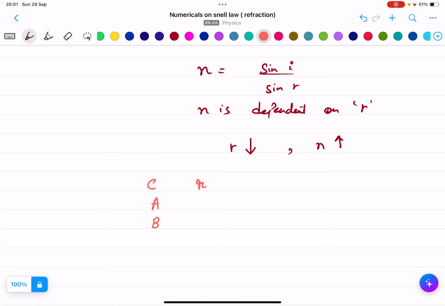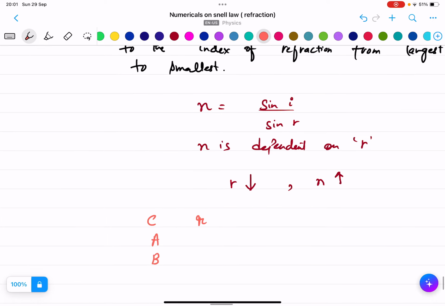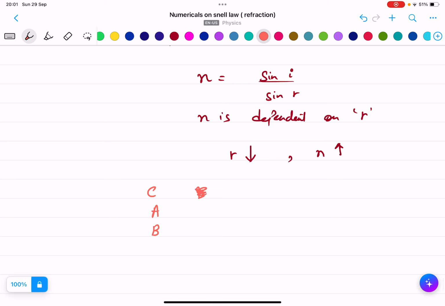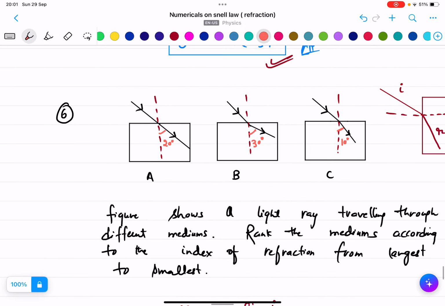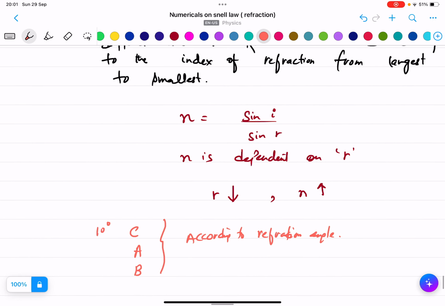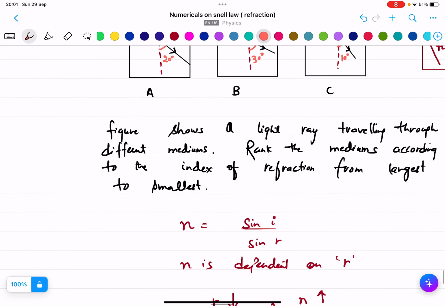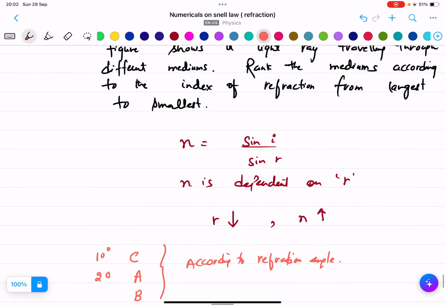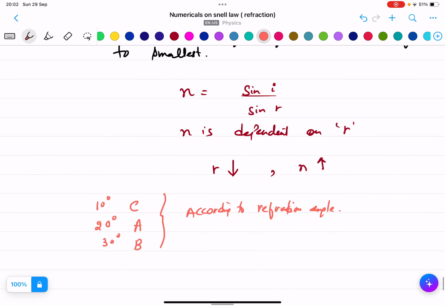I just did the order according to refraction angle. So C has the least angle, 10 degree. Let us say A has 20 degree and let us say B has 30 degree. I have just assumed so that you know.